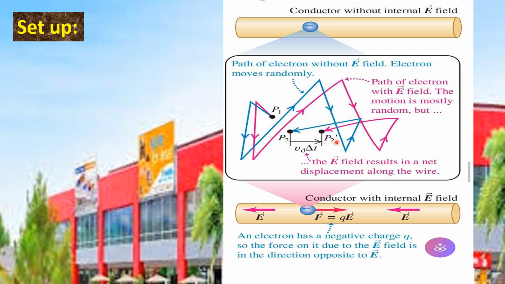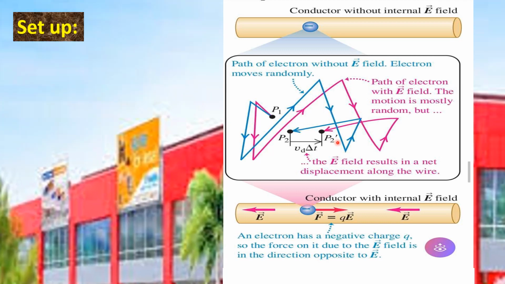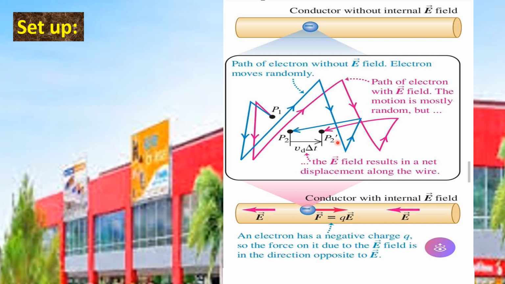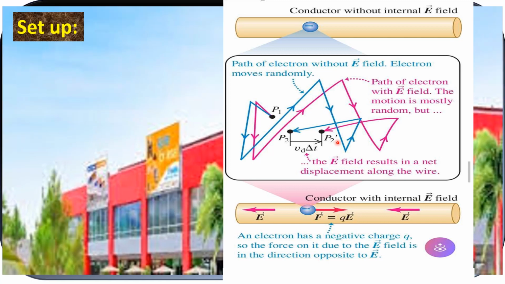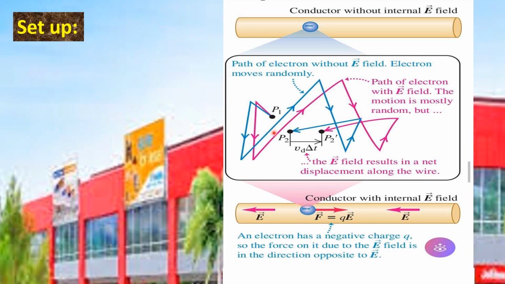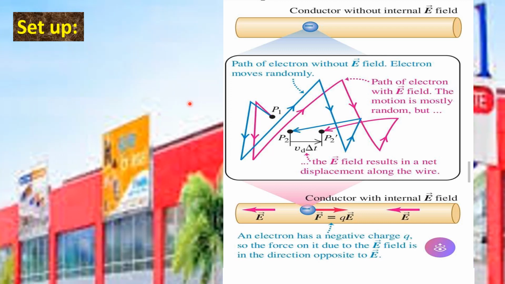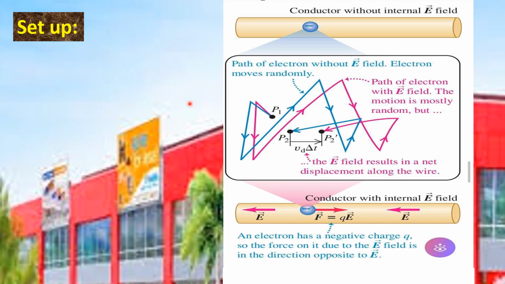Now, how does this explain our present topic on the dependence of resistivity as well as resistance of a conducting wire on temperature?